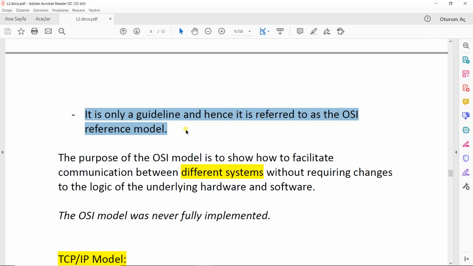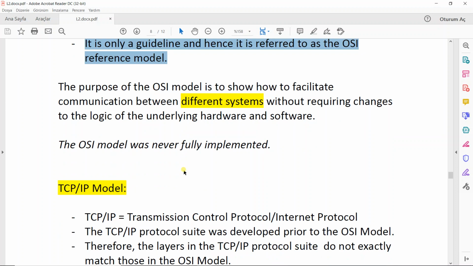There is nothing like this. The only two similar layers are physical and data link, or they call it MAC. The others don't even exist, which means to design a communication link you don't need to abide by the OSI protocol that I showed you here.